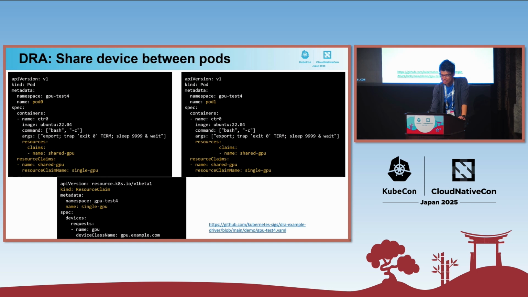In this case, this resource claim can be shared among pods. These pods refer to the same resource claim by using, at the bottom, resource claim name instead of resource claim template name in pod specs.